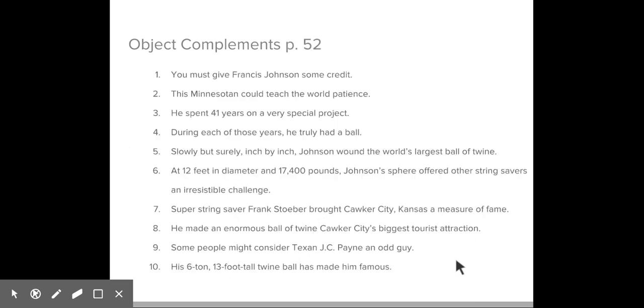Okay, we're only going to do a couple of these sentences, mostly because I think the sentences get a little weird at the end. So we'll just do a few. Sentence 1 says, you must give Francis Johnson some credit. You start with all the things you can do before you ask yourself the questions. First, find prepositional phrases.